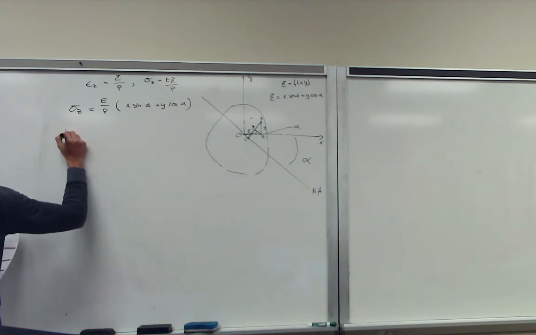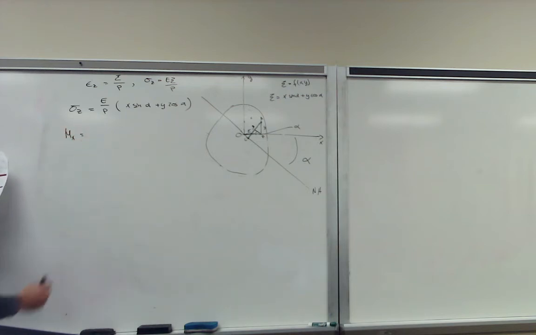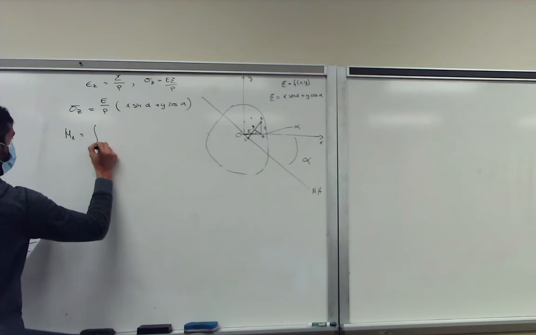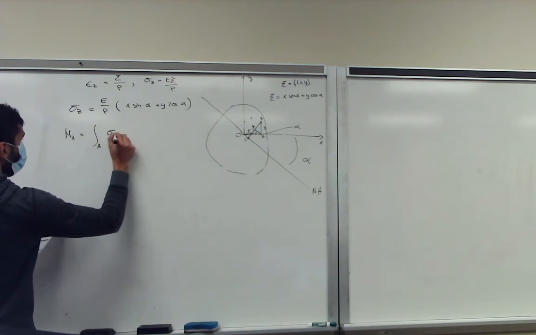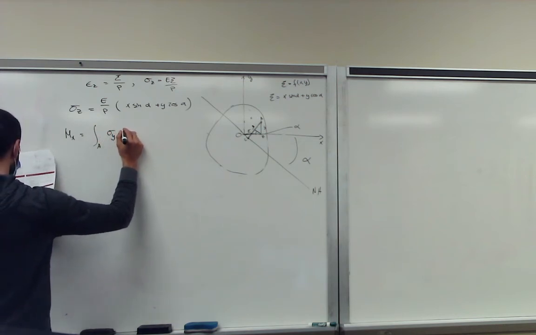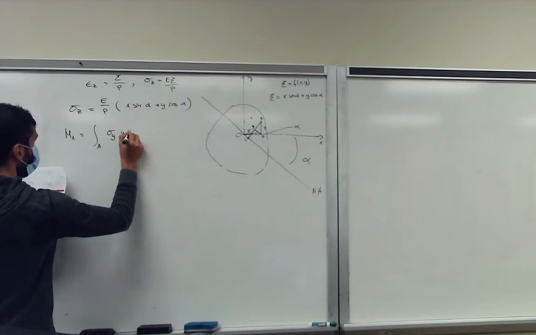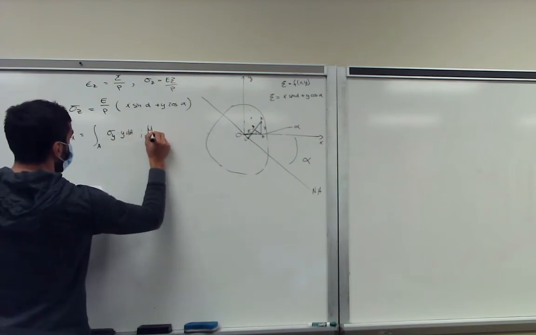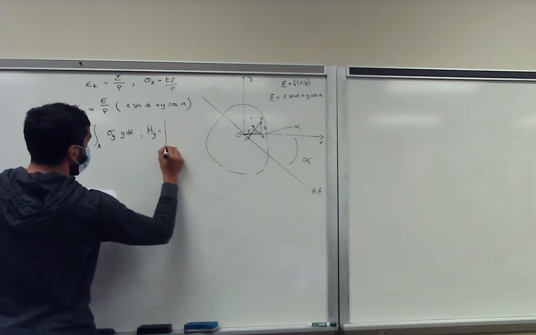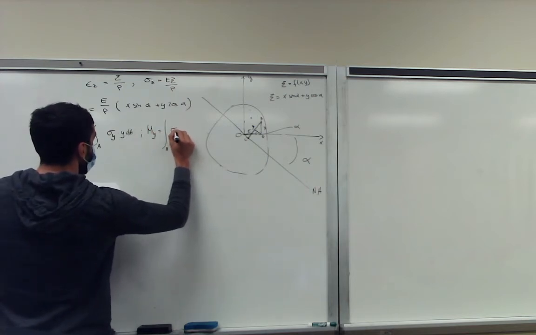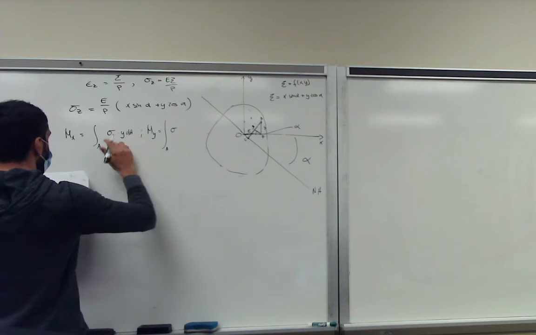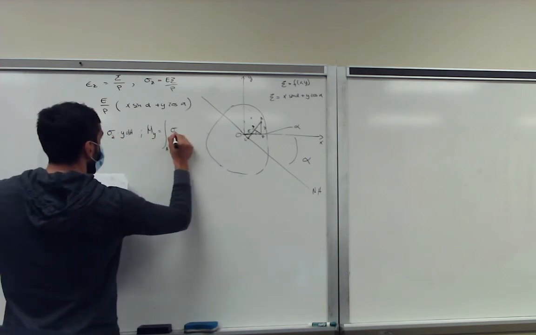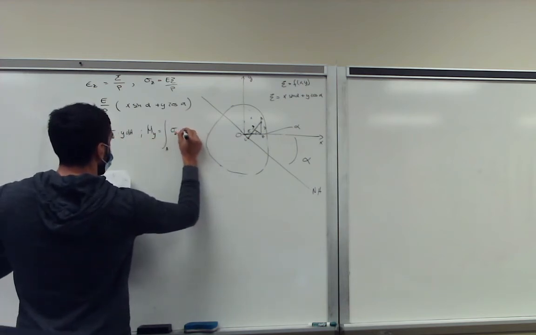So if we take the moment around x, that's equal to the integral over the area of sigma times y dA. And similarly, the moment around y is equal to the integral of the stresses times x dA.